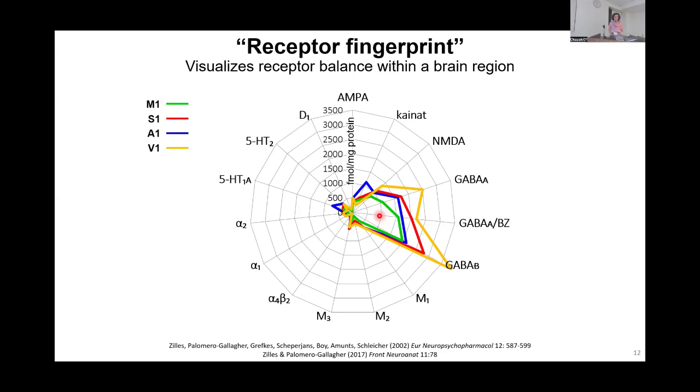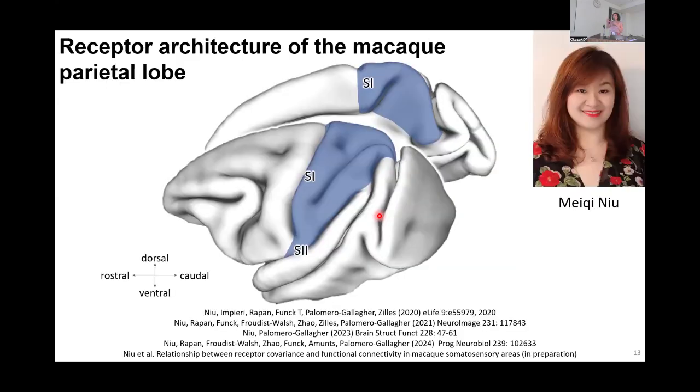Okay. So now for the next part of my talk, I'm going to be concentrating on the macaque parietal lobe, in particular the somatosensory system. So that's why here I've got S1 and S2, so primary and secondary somatosensory areas. And it's basically the work of one of my postdocs, of Meichi, okay?